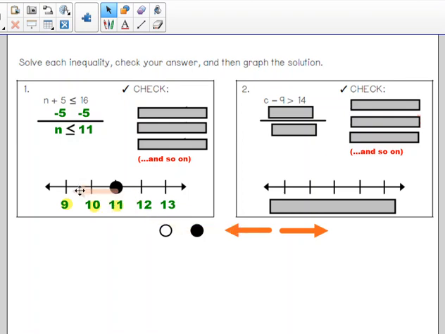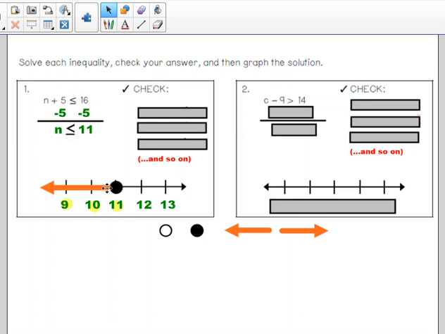And then I want to show my solution set, which would be all the numbers going this way. All right, that would be my graph of this particular inequality because it shows me all the values that n could be. It could be 11, it could be 10, it could be 9. Notice it couldn't be 12, because if I plug a 12 in, 12 plus 5 would be 17, and 17 is not less than or equal to 16.